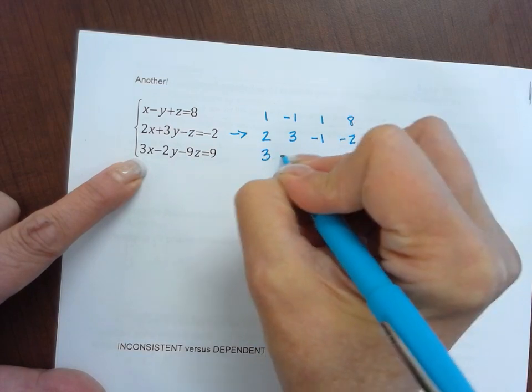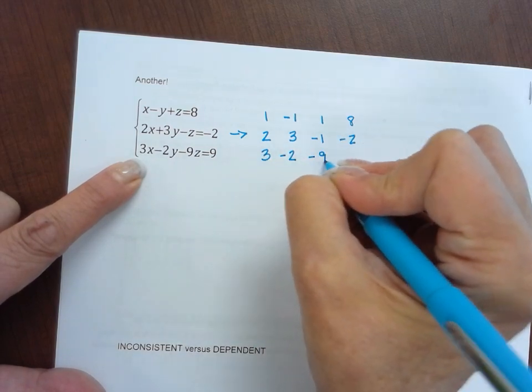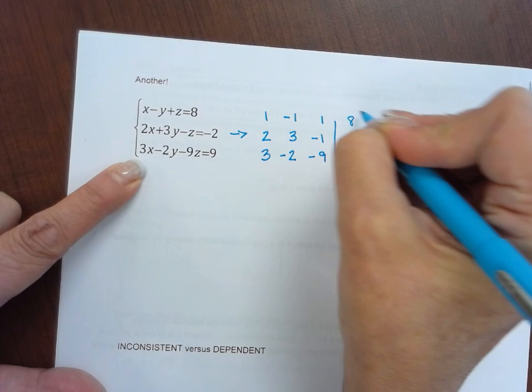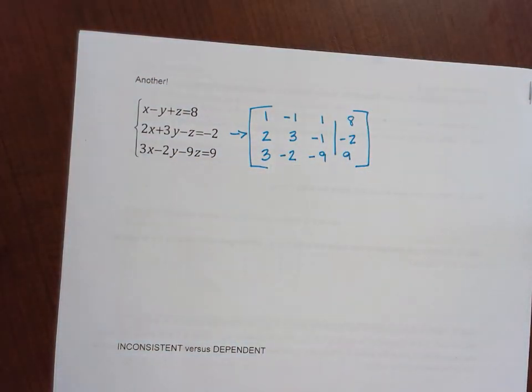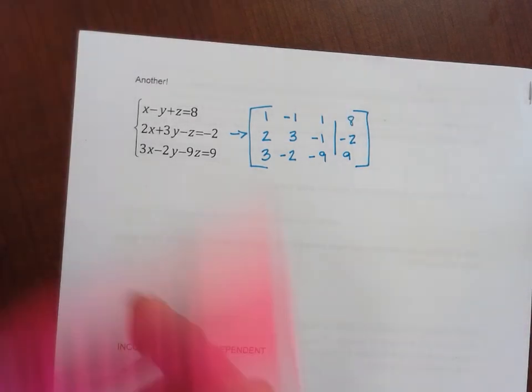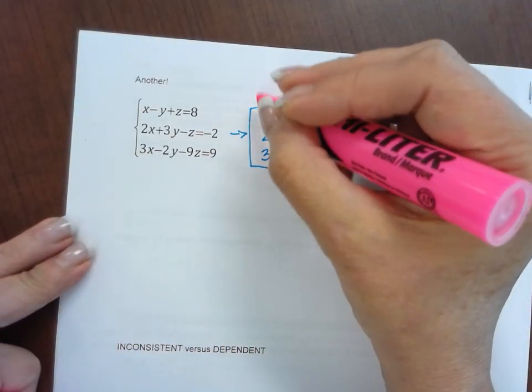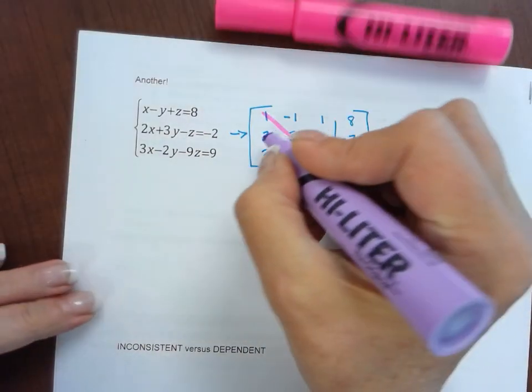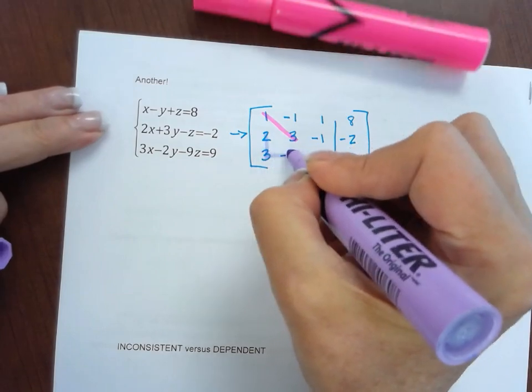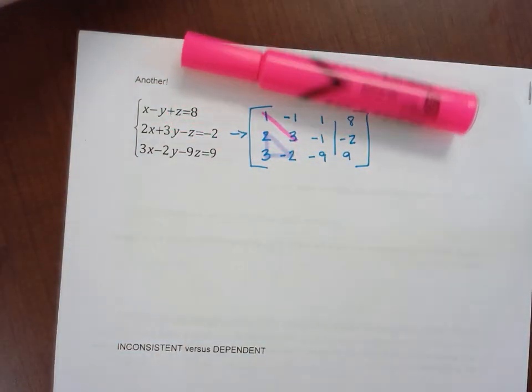Then we have 3, -2, -9, and 9. All right? Okay, so I need to get basically those all have to become 1s, and oops, those have to become 0s.